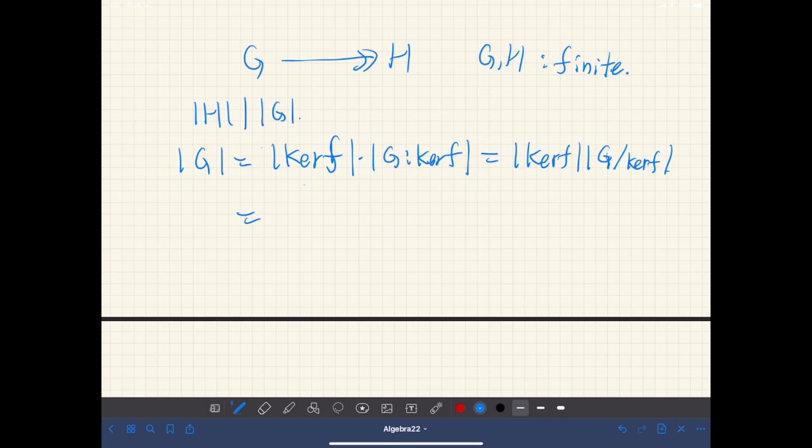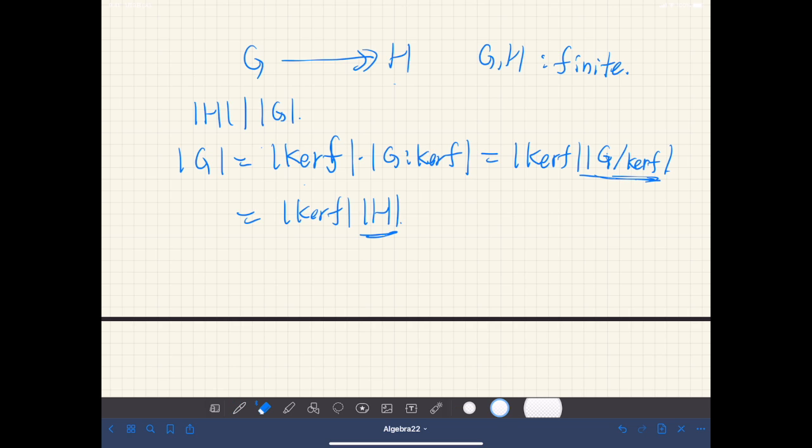But since this is isomorphic to H, according to the first isomorphism theorem, that means the order of G over the kernel of f is equal to the order of H. Okay, so this is equal to this because they are isomorphic to each other.